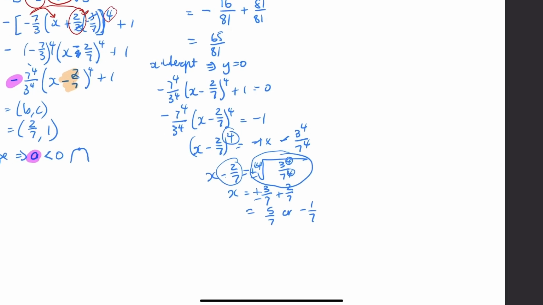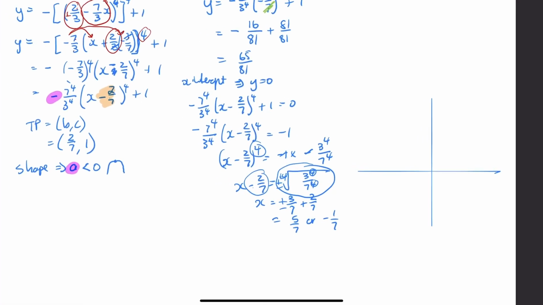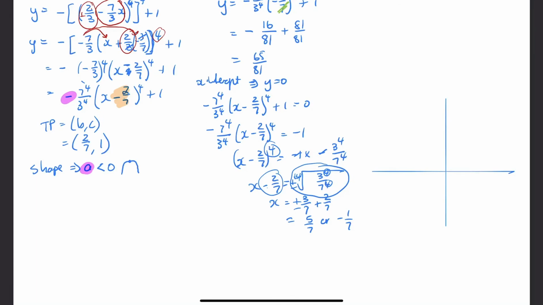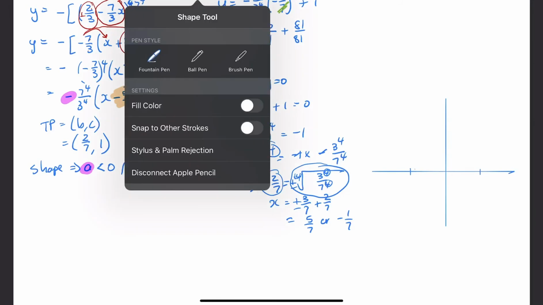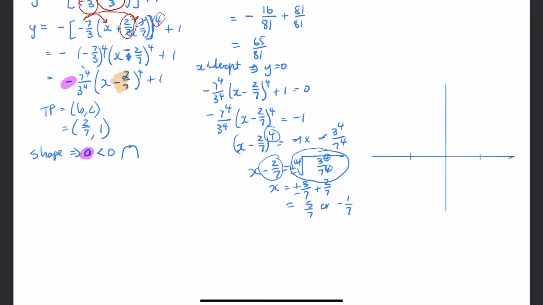So if I want to draw this graph, it's going to look something like this. My x-intercept is going to be at 5 over 7. If that's 1 and that is negative 1, 5 over 7 is pretty close to 1.